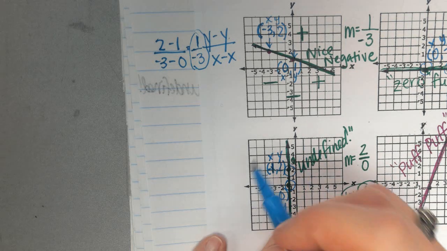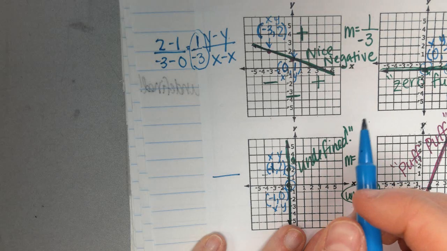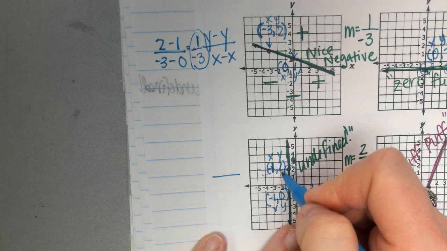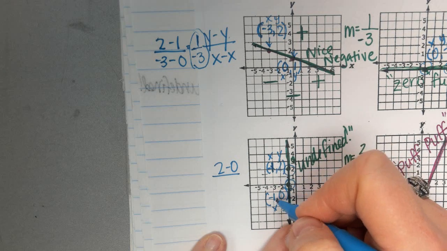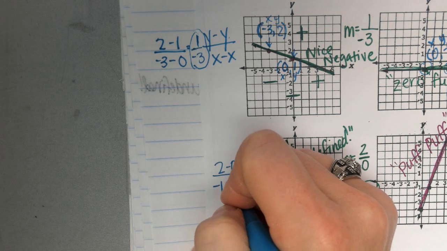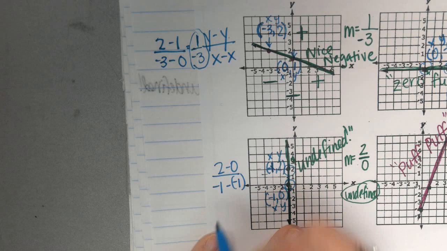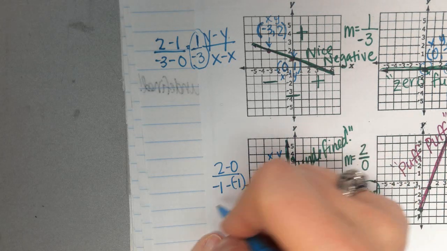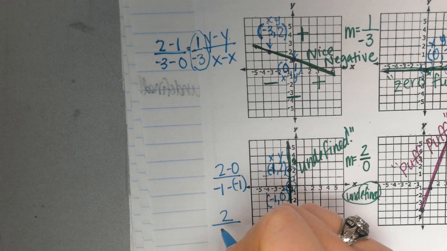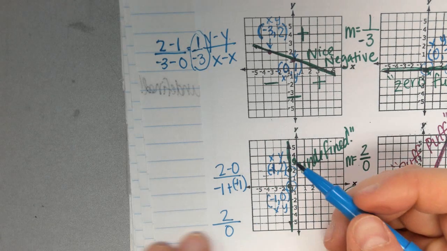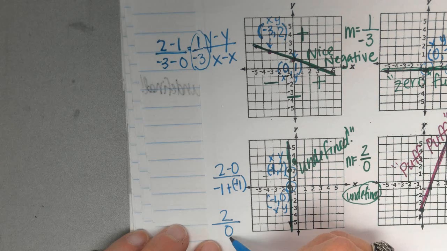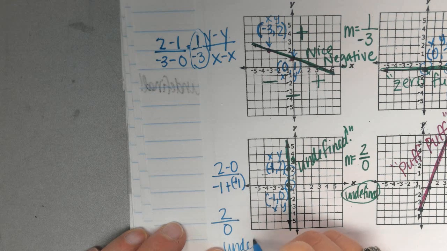Okay? So now we're going to plug that into our formula. Y minus y, 2 minus 0, x minus x, negative 1 minus negative 1. So this is just 2 on the top, and this becomes plus the opposite, that's 0. Well, anytime we divide by a 0, it is undefined.